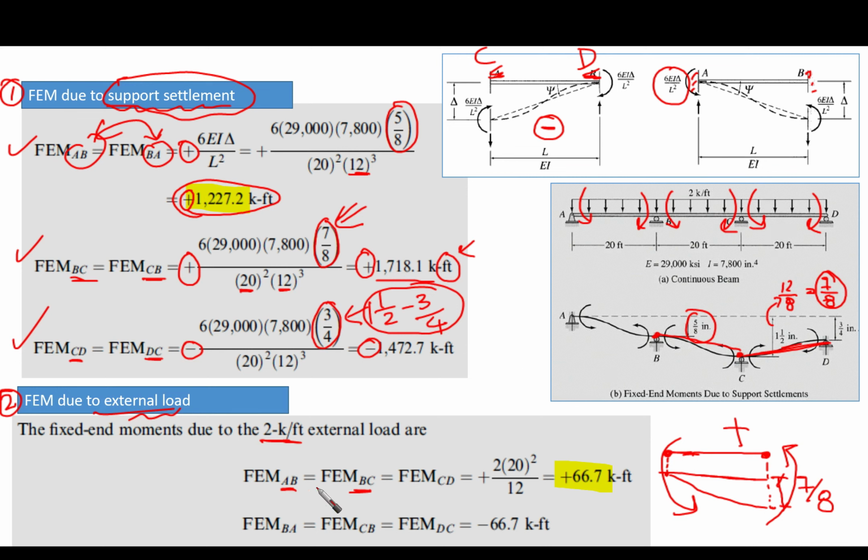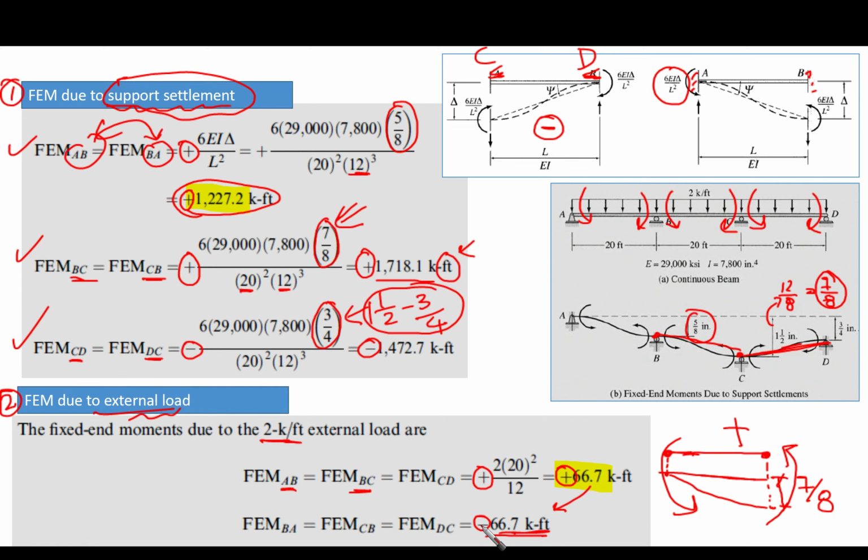So we equate all of them to be the same sign here, and the magnitude WL squared over 12, so it is positive. And for fixed end moments BA and CB and DC, they are going to be the same magnitude but with negative moment because they are clockwise. All of them, they are clockwise, right? So the same magnitude, but different sign, negative sign.